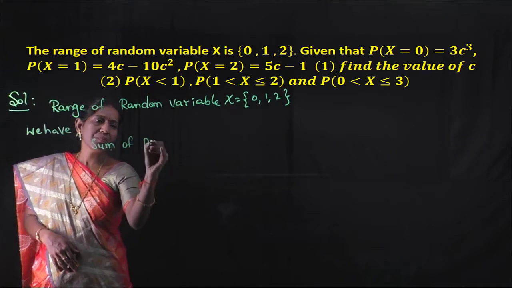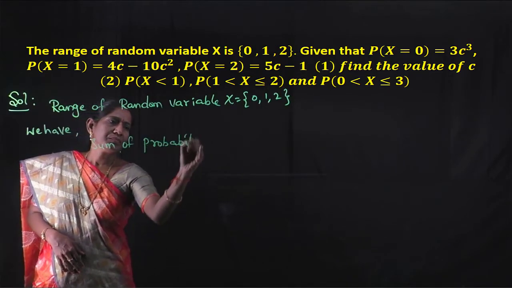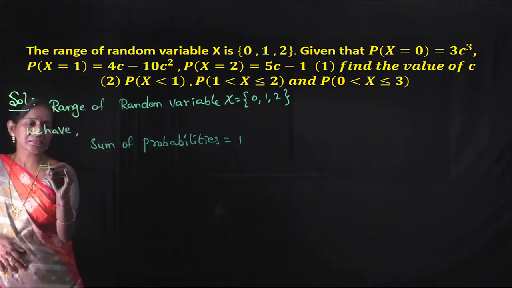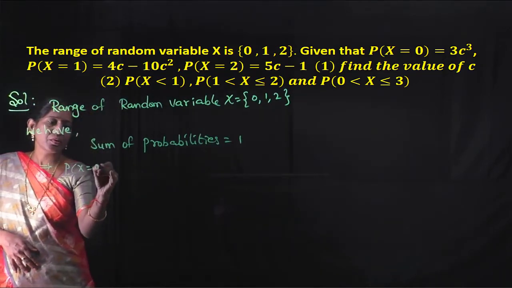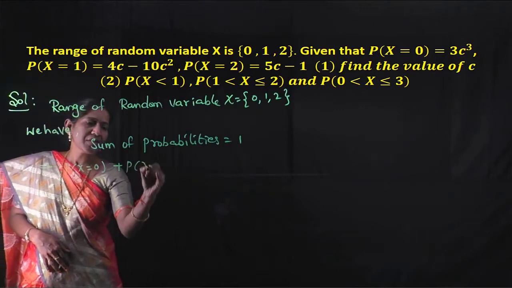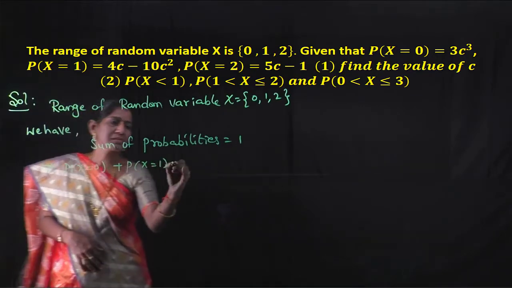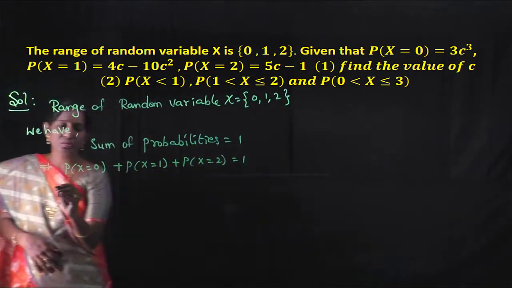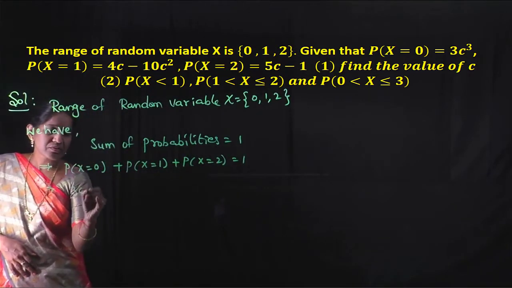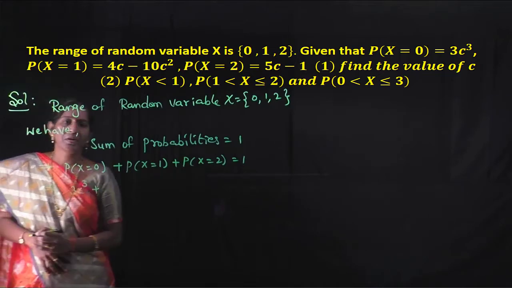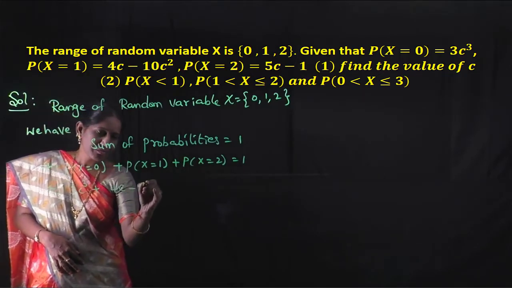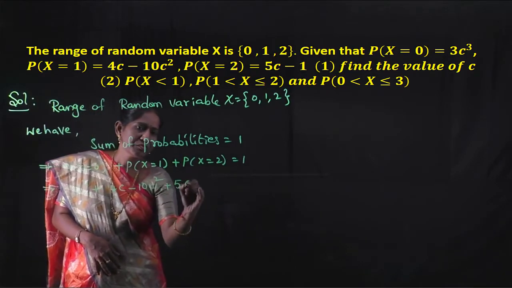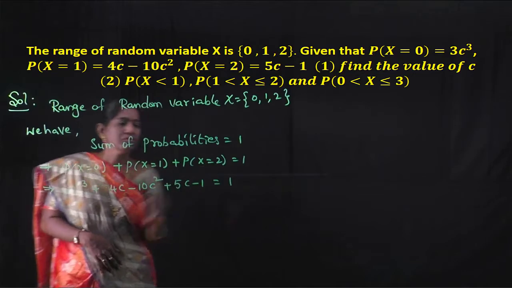Sum of probabilities equal to 1. So this implies p of x equal to 0 plus p of x equal to 1 plus p of x equal to 2 equal to 1. So that is 3c cube plus 4c minus 10c square plus 5c minus 1 equal to 1.